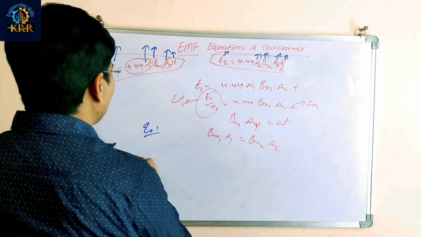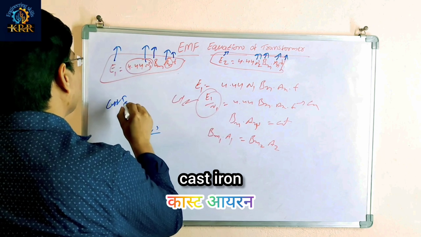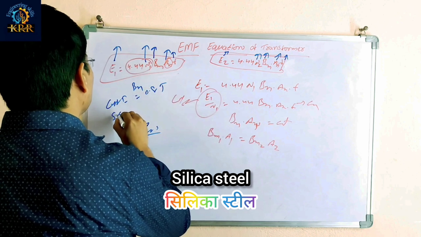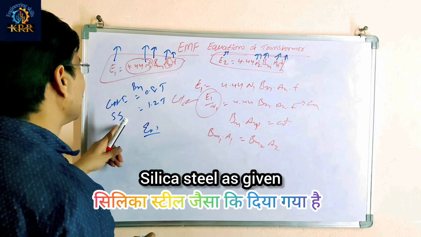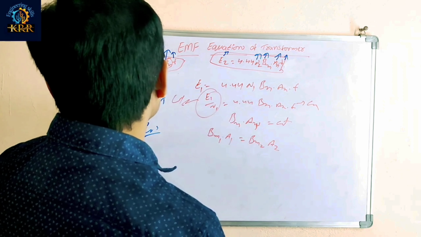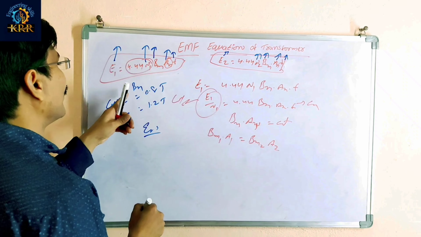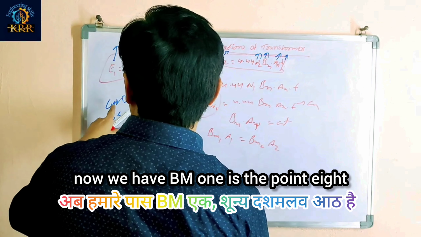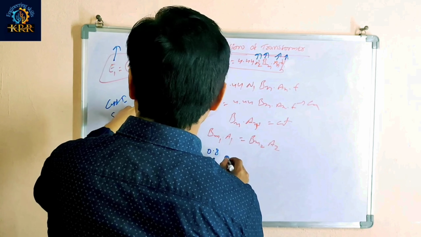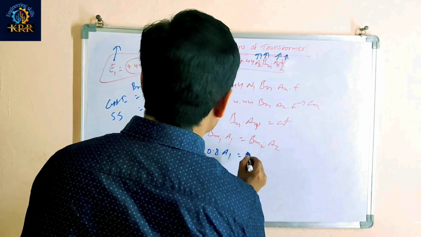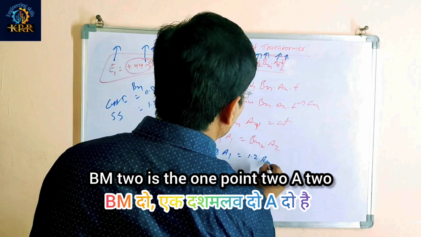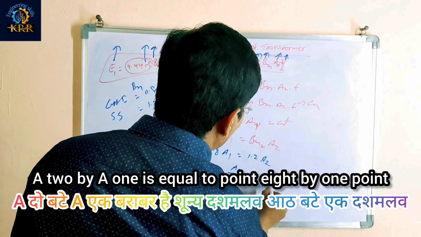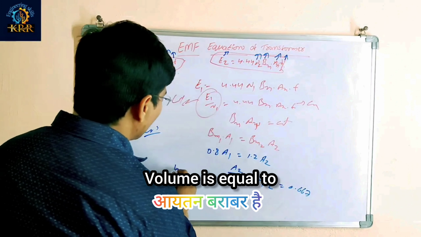In this example, for cast iron, Bm is 0.8 Tesla, and silica steel is given as 1.2 Tesla. For cast iron, the maximum flux density is 0.8 Tesla as given. Now Bm1 is 0.8 A1, and Bm2 is 1.2 A2. A2 by A1 is equal to 0.8 by 1.2, which is 0.667.